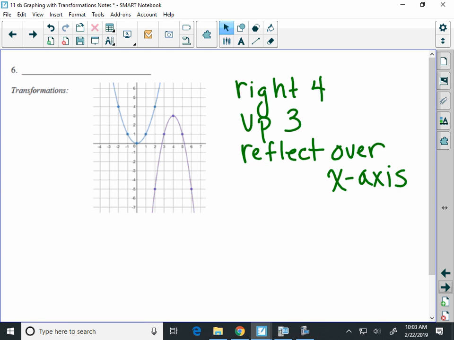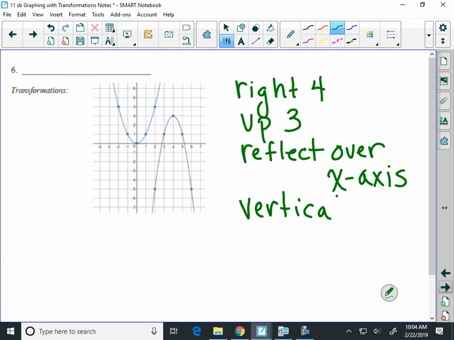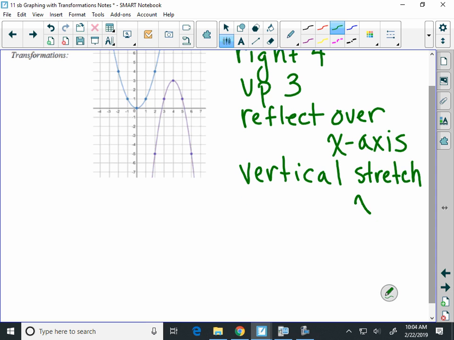And because we went 2 down, instead of 1 down, the down part is the reflection. But the 2 means that we vertically stretched this graph. And in fact, I'm not picky about this, but I'm going to write x2 for times 2.